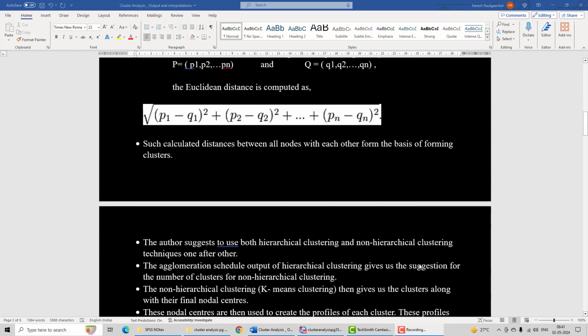The author suggests that we should use both hierarchical clustering as well as non-hierarchical clustering, one after another.